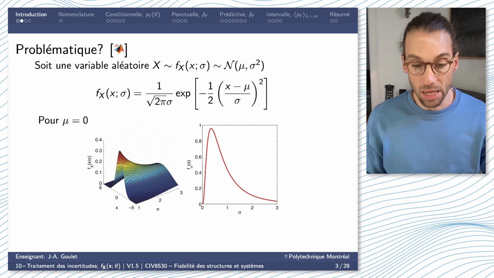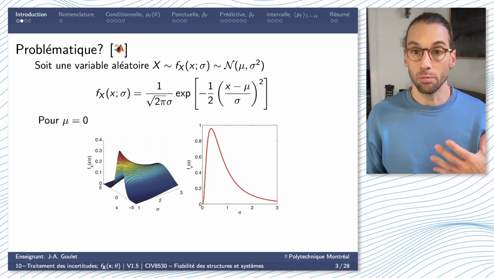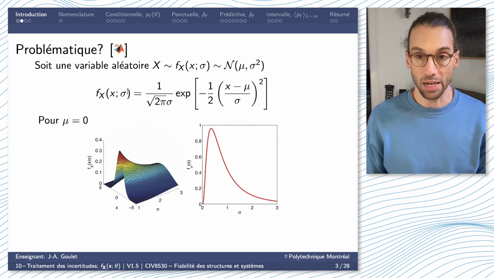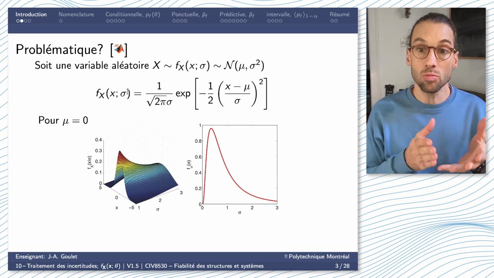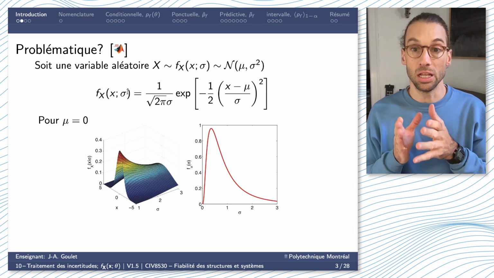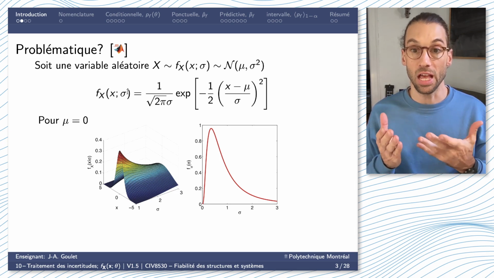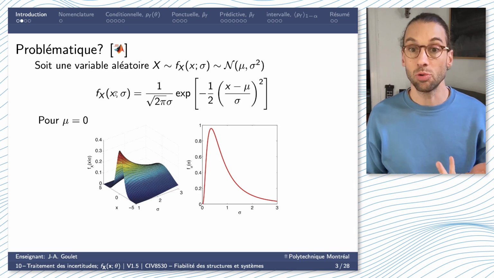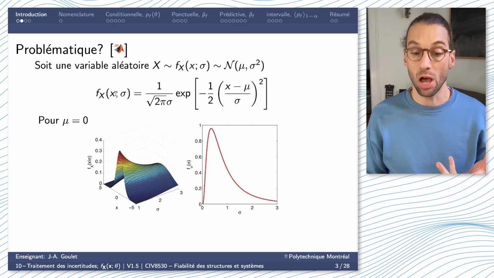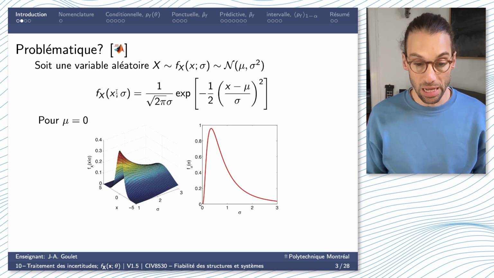Take, for example, a normal distribution for f of x. Implicitly, when we say f of x, we assume that we know the parameters involved in the definition of that probability density. Here we can explicitly express the dependency upon those parameters, and we do so by using that semicolon.